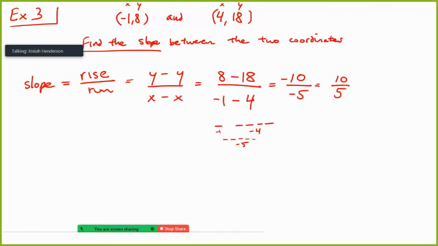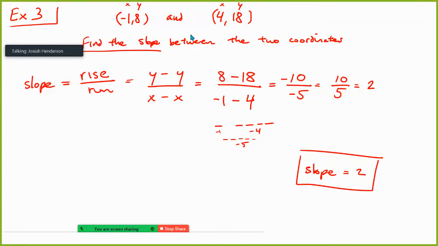Okay, and then 10 over 5. Well, this is our slope, but we can simplify this. 10 over 5 actually comes out to 2. 10 divided by 5 comes out to 2. So we may have a whole number for our slope. In this case, our slope is the number 2. Because our fraction kind of disappeared, right?